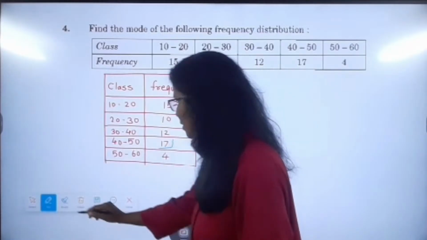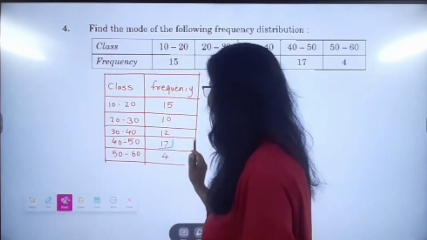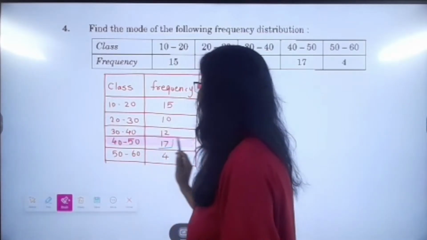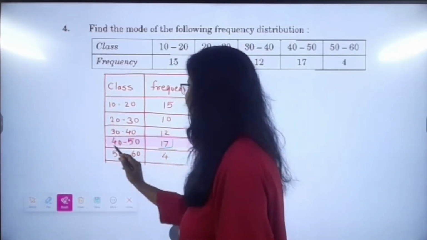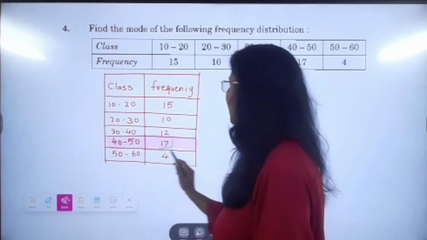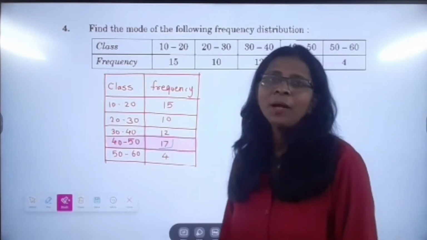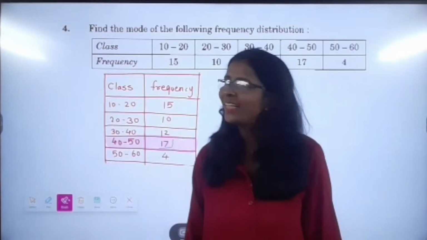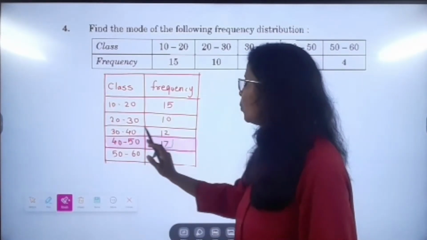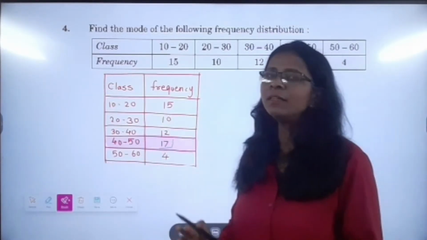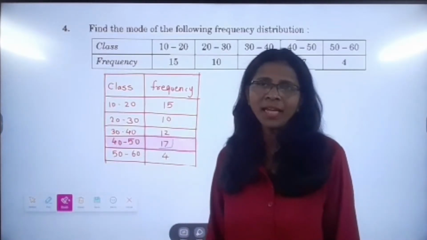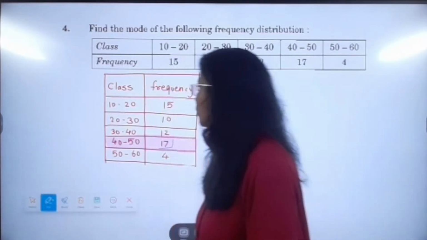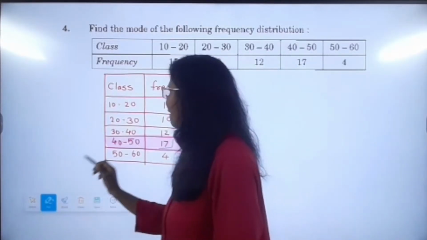So 40 to 50 is the modal class and 17 is the frequency, the highest frequency.